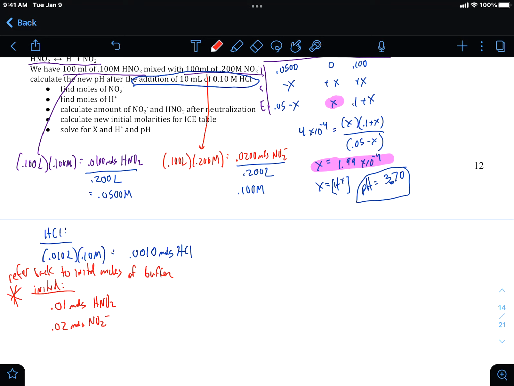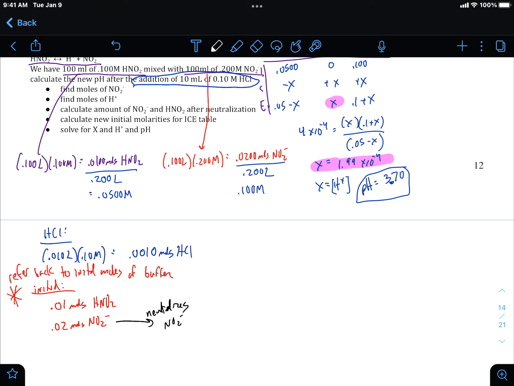So my next question to you is, when I add HCl, which one of these components is going to react with that HCl? The HNO2 or the NO2 minus? Remember, a buffer has two parts, and each part neutralizes something. Which one of those two is going to neutralize H plus? NO2 minus, yes. So I'm going to flesh out some thoughts here.